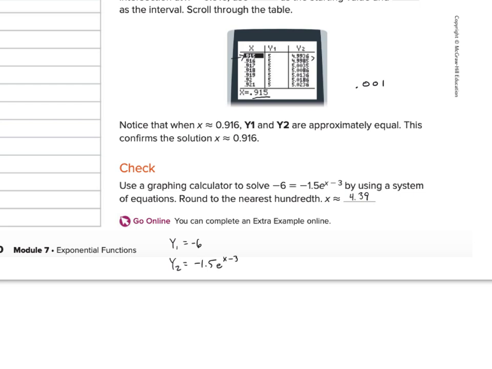And then we want to find their intersection point. Or you could say that y1 is equal to negative 1.5 e to the x minus 3 plus 6. That's that related function because I add 6 to both sides. And then look for your zeros, whichever one happens to work for you. So different ways to use technology to find those values.